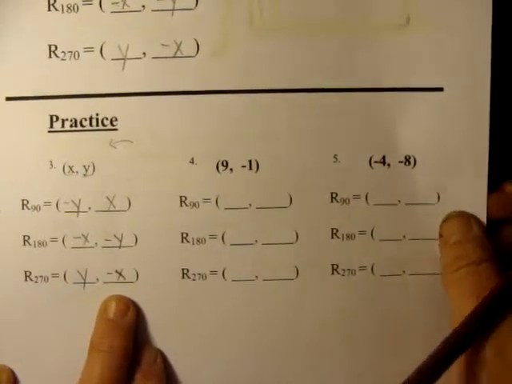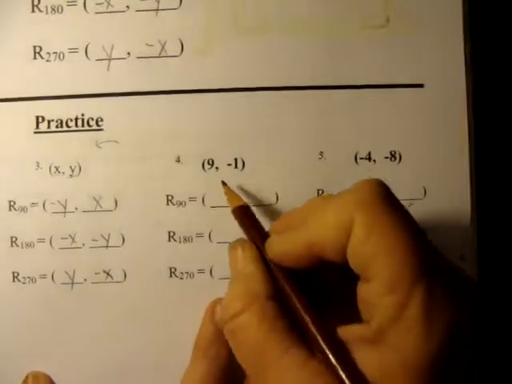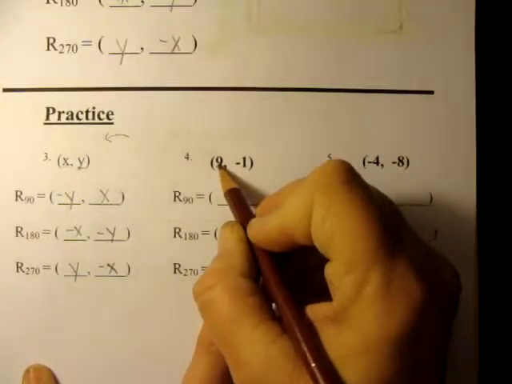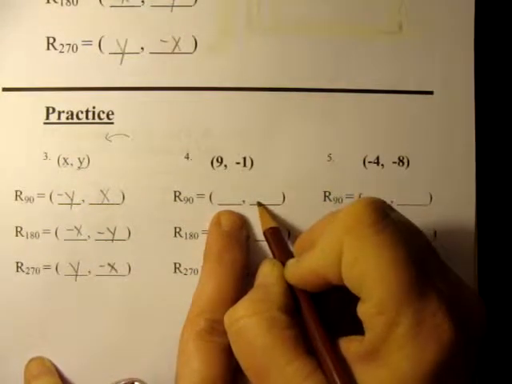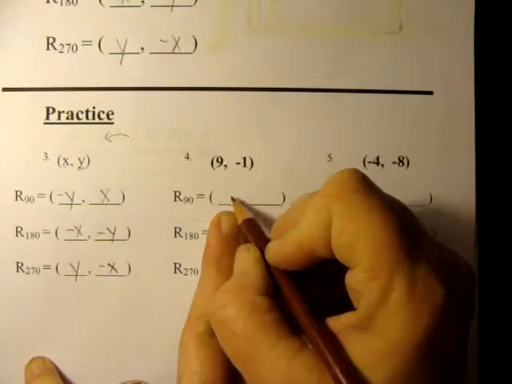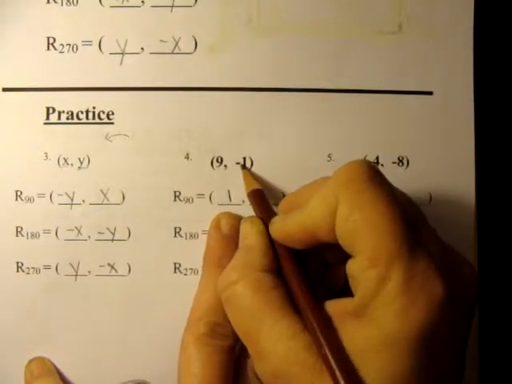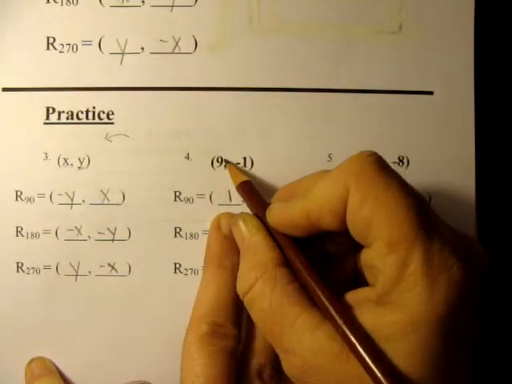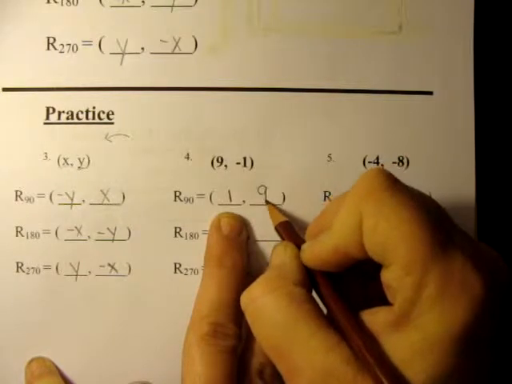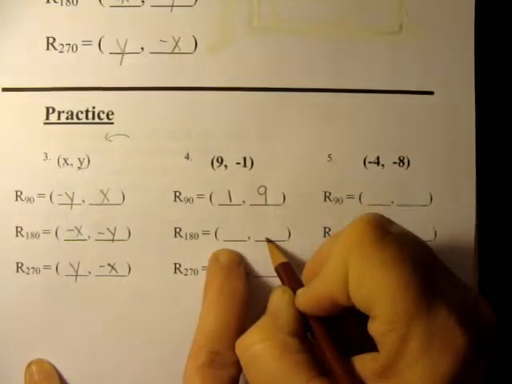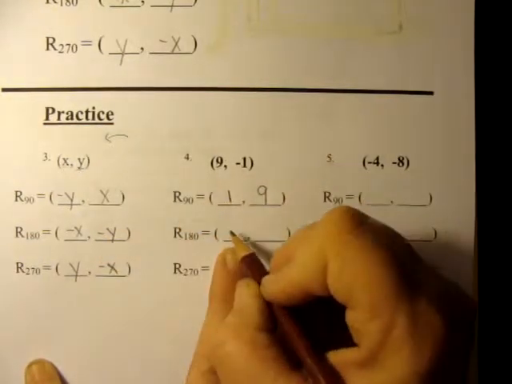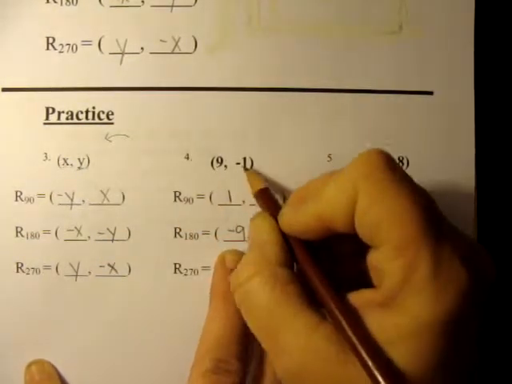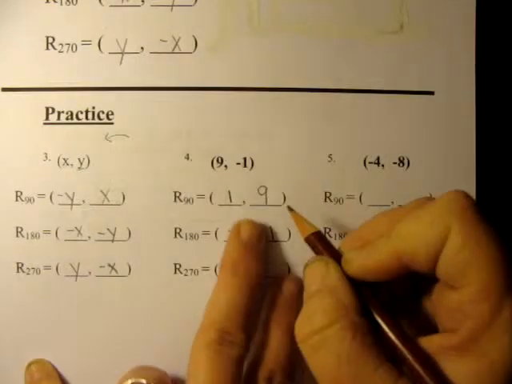Now let's try an ordered pair. 9, negative 1. To rotate 90 degrees counterclockwise, it is the opposite of Y, so that would become positive 1, and X stays the same. For 180 degrees, X becomes the opposite and Y becomes opposite.